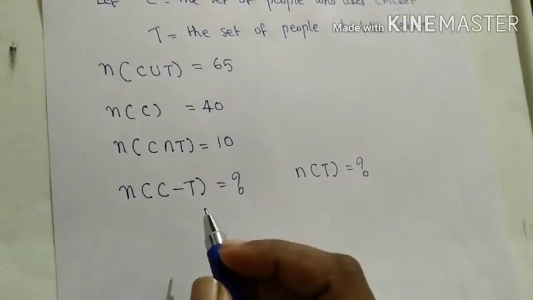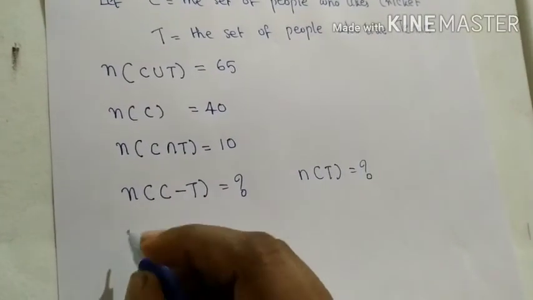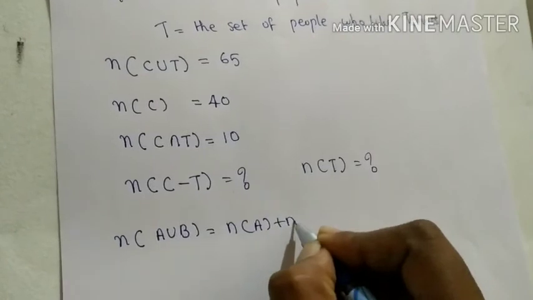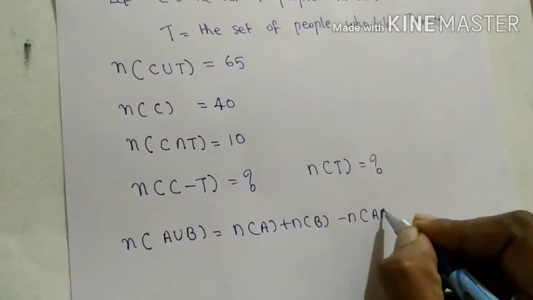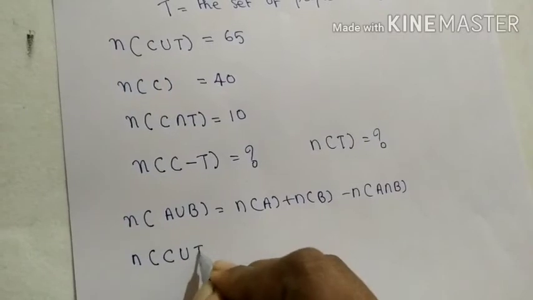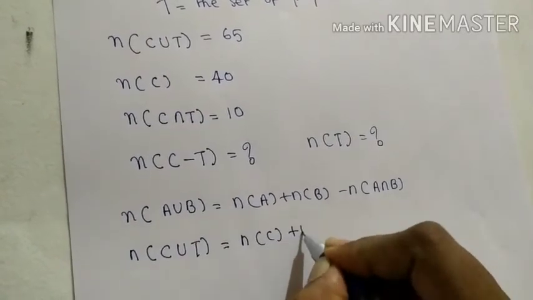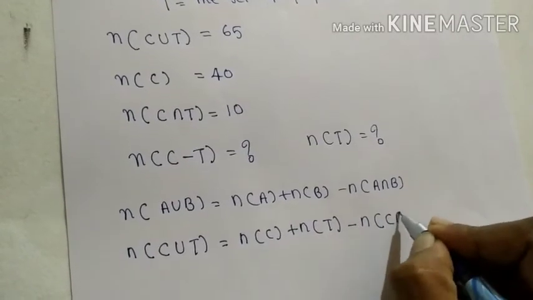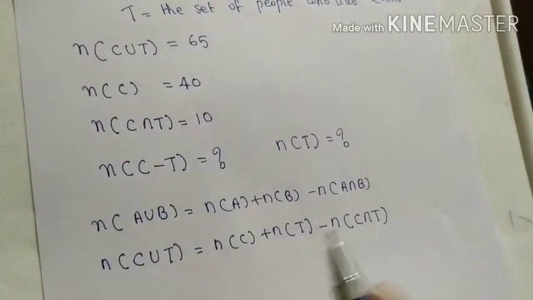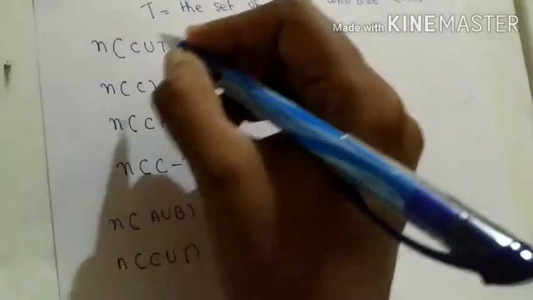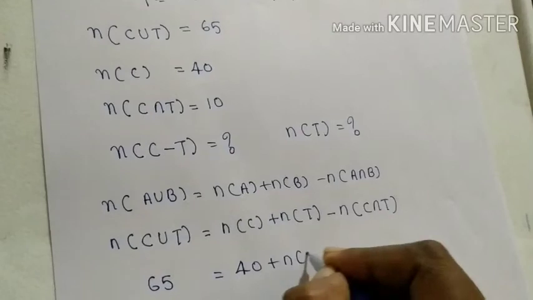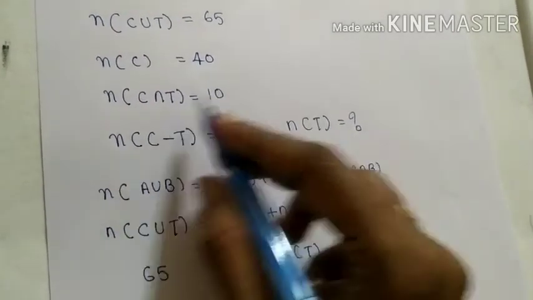So first of all, we know the relation between union and intersection. What is the formula? n of A union B is equal to n of A plus n of B minus n of A intersection B. Replacing A by C and B by T, we get n of C union T equal to n of C plus n of T minus n of C intersection T. Substituting the given values, n of C union T is 65, n of C is 40, n of T is not given, n of C intersection T is 10.